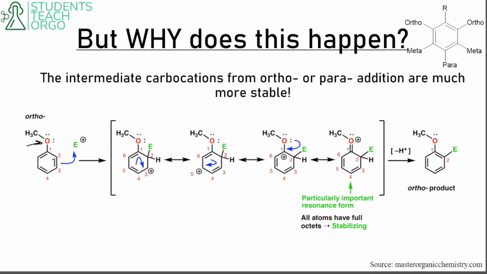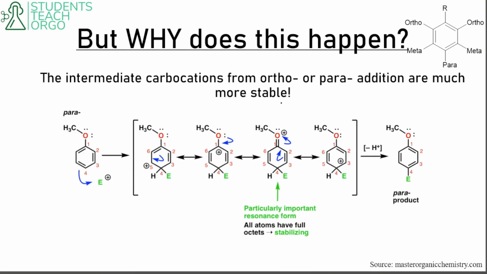It's going to attack this electrophile, and if you perform resonance, you can see we get this particularly stable resonance structure where every single atom has a full octet. Even though oxygen has a formal charge of plus 1, that's completely fine. The important thing is that every single atom has a full octet. That is a very stabilizing effect, so that is why ortho is favored relative to electron donating groups.